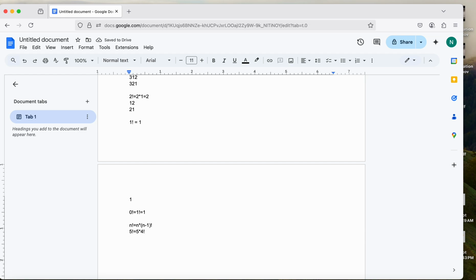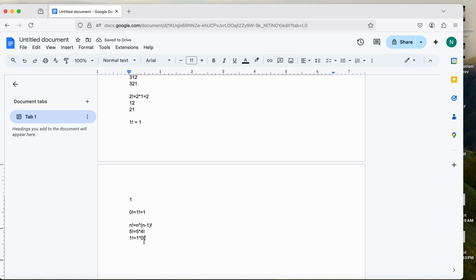And so the argument quickly goes this way. Well, what if n's 1? So 1 factorial is going to be equal to 1 multiplied by 1 minus 1 factorial. Well, 1 minus 1 is going to be 0. So what this is really saying is that we have 0 factorial on that side.